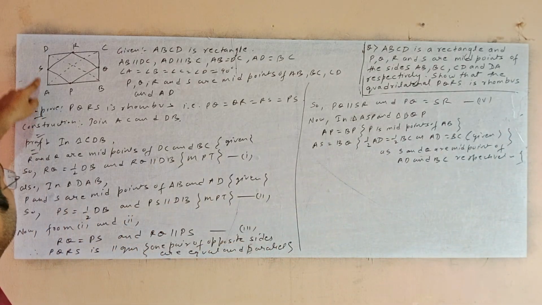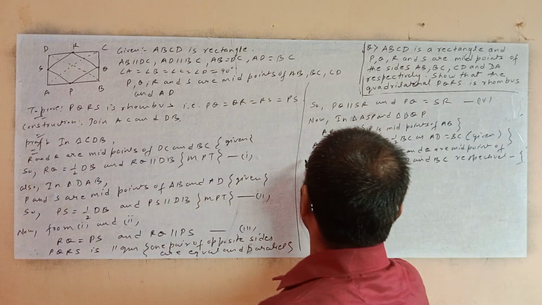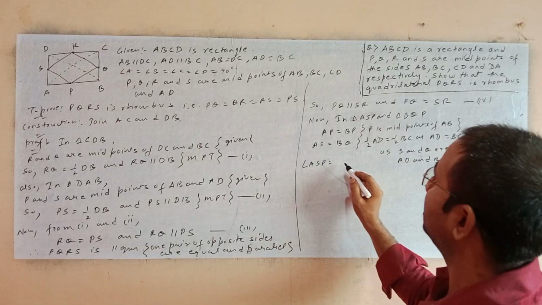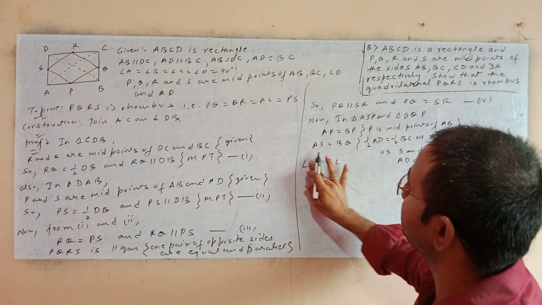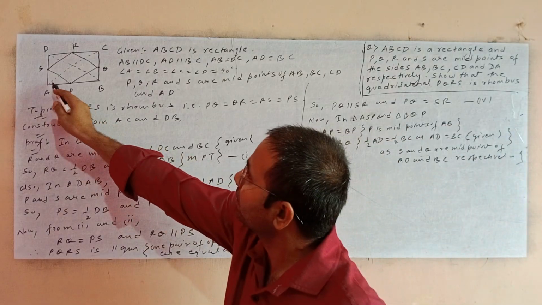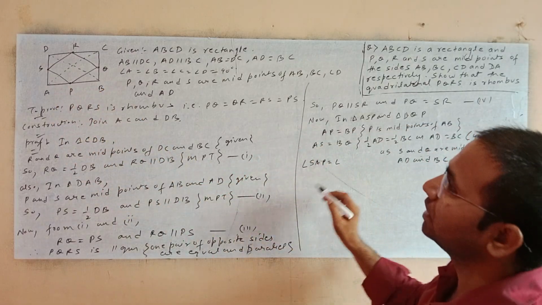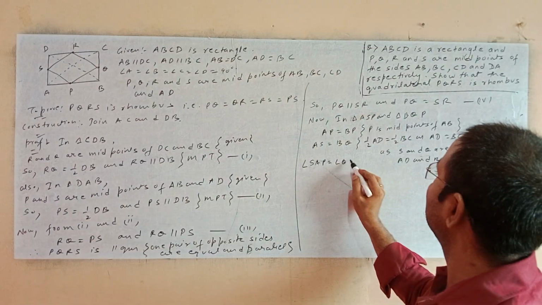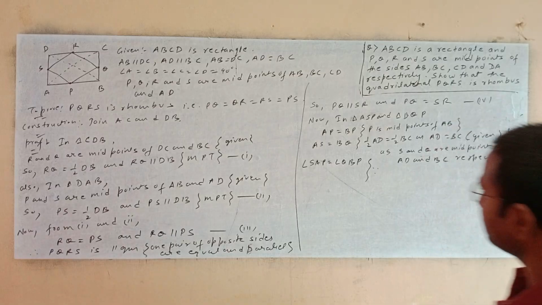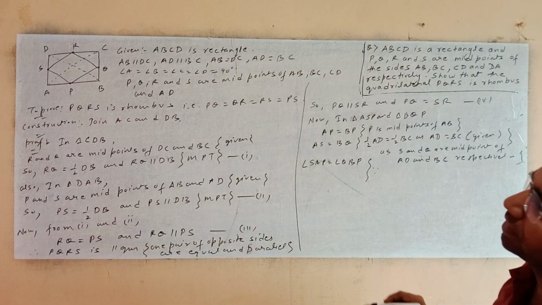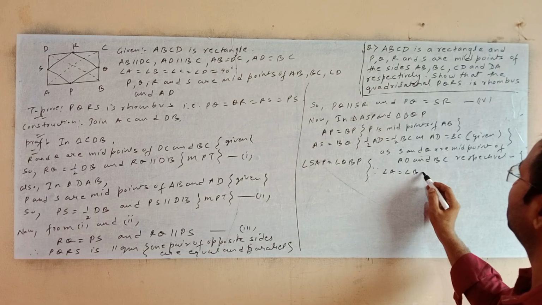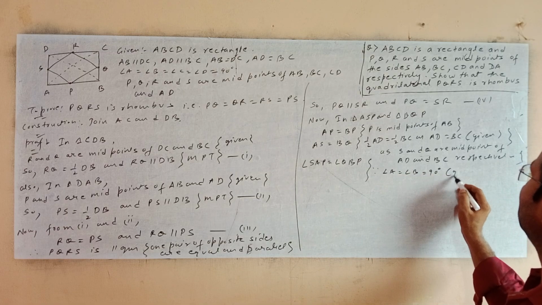Now angle SAP is equal to angle QBP. Why? Because angle A is equal to angle B is equal to 90 degrees, given.